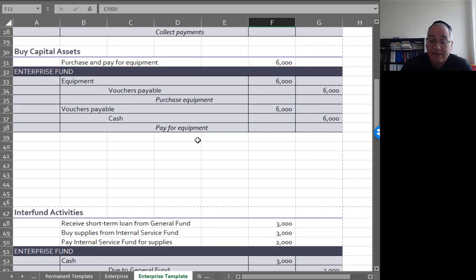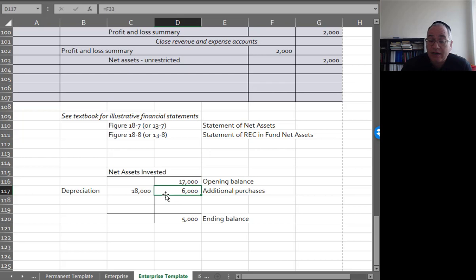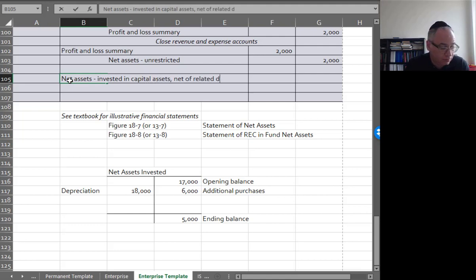So it opened up with a balance of 17. And then we bought additional equipment of $6,000, but we depreciated everything $18,000. So the net non-current assets, in other words, long-lived assets minus non-current liabilities, would be $5,000, and therefore the balance in this account needs to be reduced by $12,000, because right now it's at $17,000, and it needs to be reduced down to $5,000.